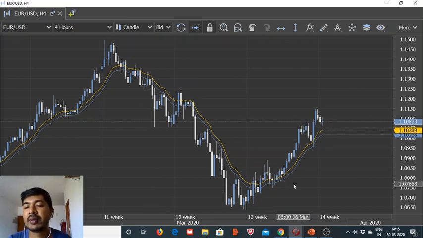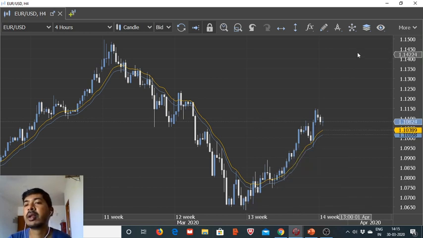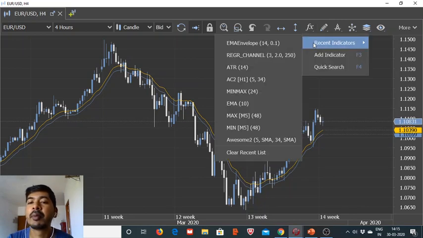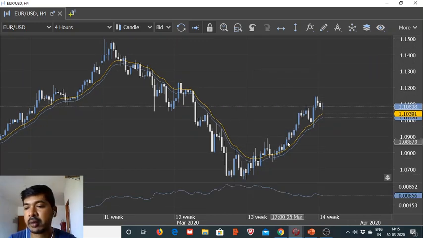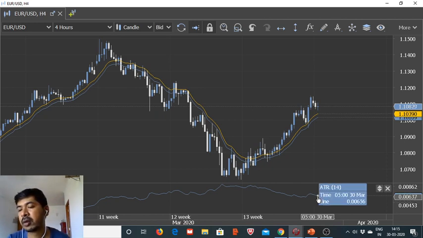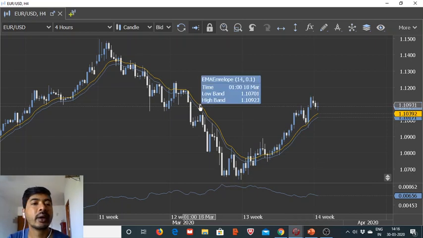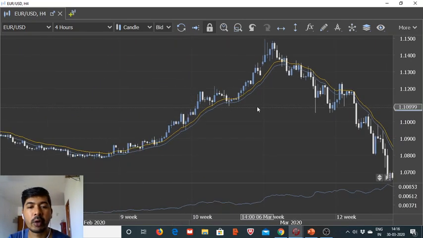So we add the ATR, and then using the ATR we will define the minimum volatility. So let us bring in the ATR, and the average ATR for last 14 period has been 65 pips for the Euro USD, but these are not normal times.